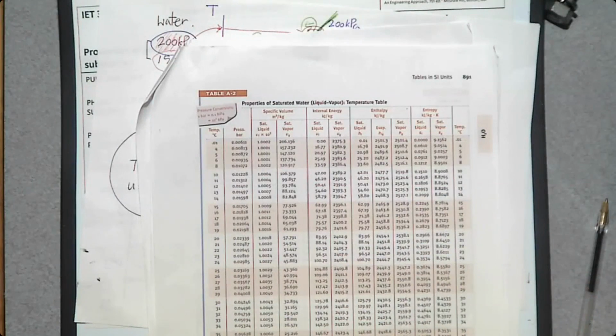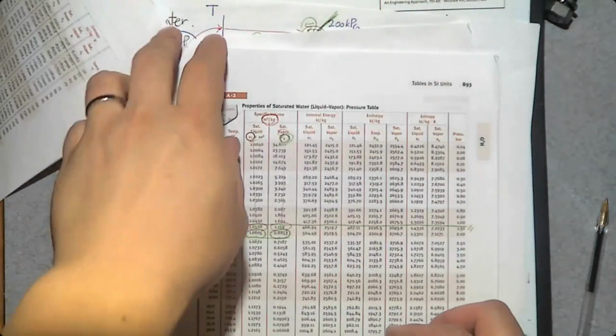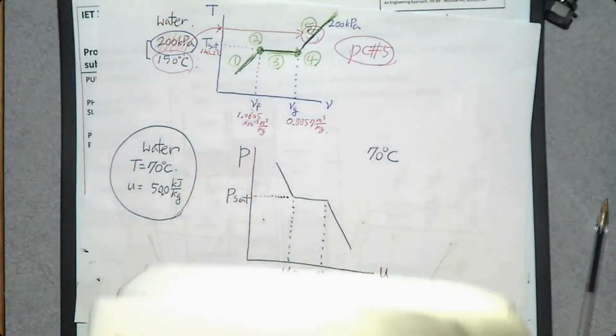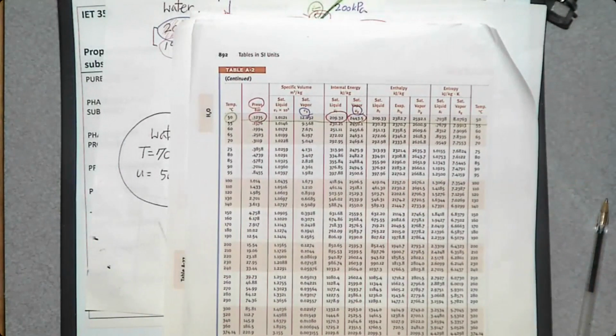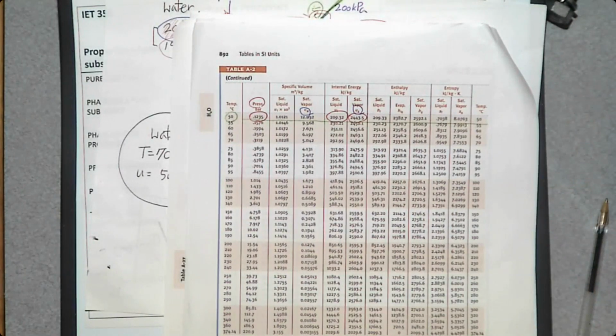So what is the temperature? 70. So let's find 70. 0.01, 4, 5, 6, 8, 10. Where is 70? Oh, it's not here. The next page. 50, 55, 60, and 70. There's a 70, right?